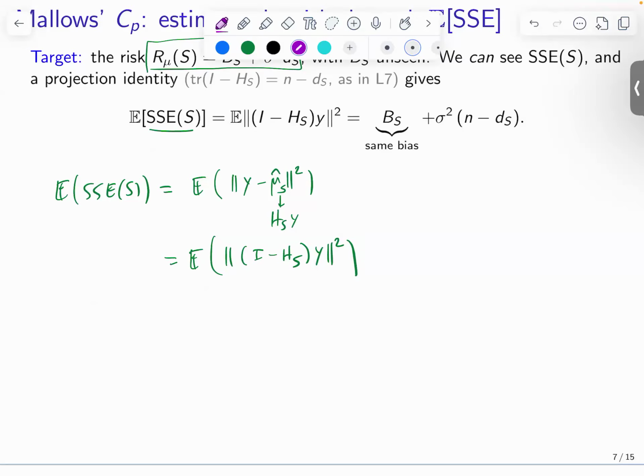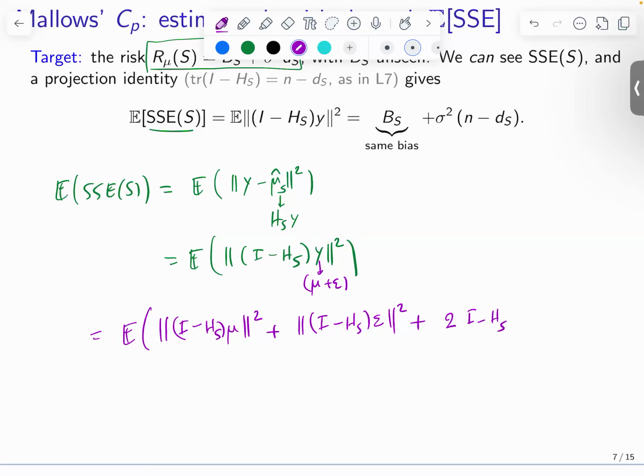And then I'm going to plug in what this is: mu plus epsilon. And then I'm going to expand. So you get the expectation of the norm of (I minus H_S) mu squared, plus the norm of (I minus H_S) epsilon squared, plus 2 times (I minus H_S) mu.